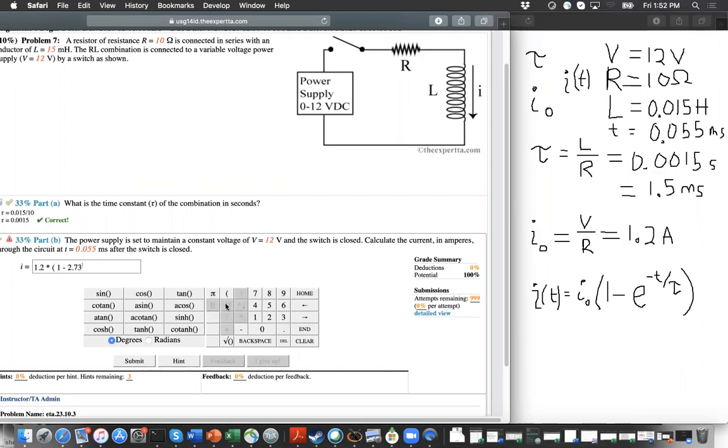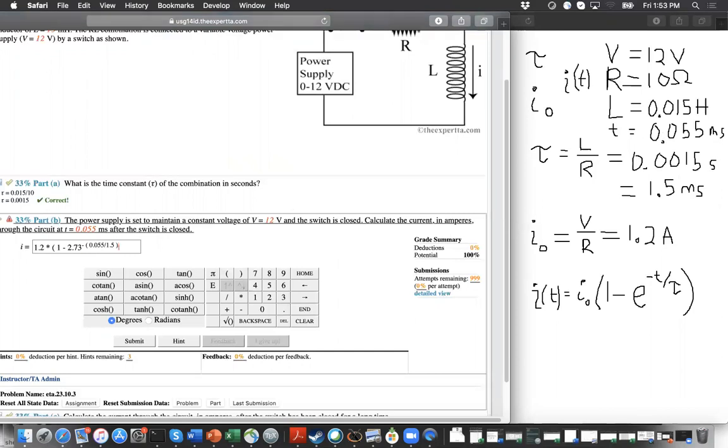And then we need to raise that to minus the ratio of this time, 0.055, to this time constant, 1.5. Notice I'm using the same units, milliseconds, milliseconds. Close the parenthesis and close the parenthesis.